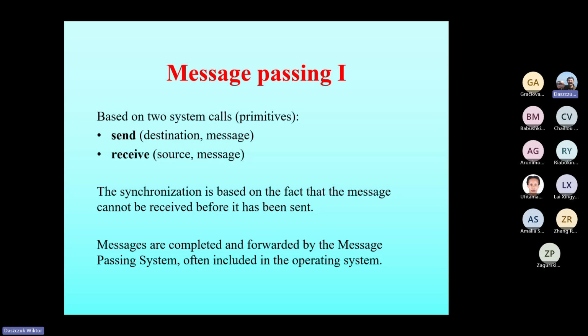They are send and receive. And we have a special part of the operating system called the message passing system that collects messages from other computers or the same computer, because we can send messages between processes on the same computer, and it delivers the messages to the recipients.